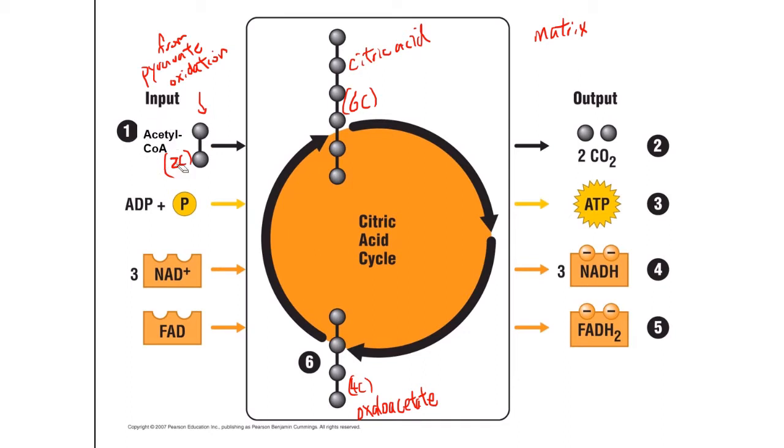The two acetyl-CoA will each combine with a separate oxaloacetate, so this cycle happens 2 times for every glucose that you break up, which means all the products that you're going to be creating are doubled per glucose metabolized.